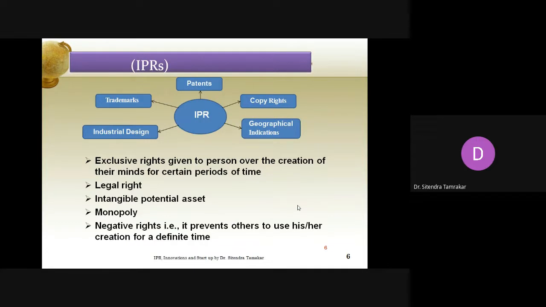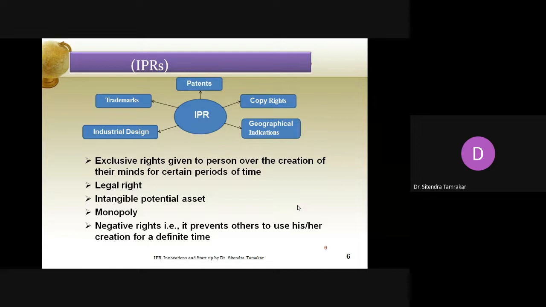So what is an IPR? IPR is nothing but specific or exclusive rights given to a person over the creation of their mind for a certain period of time. The period of time depends on which category one has filed their innovation in: a patent, copyright, geographical indications, industrial designs, or trademarks.